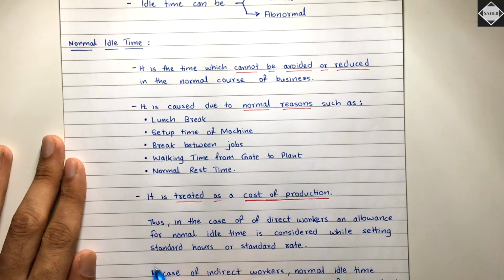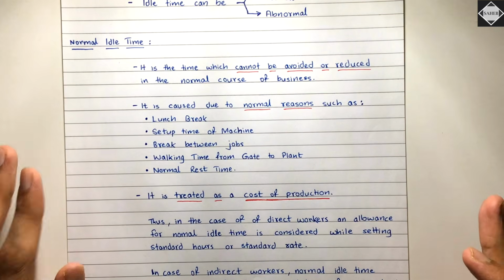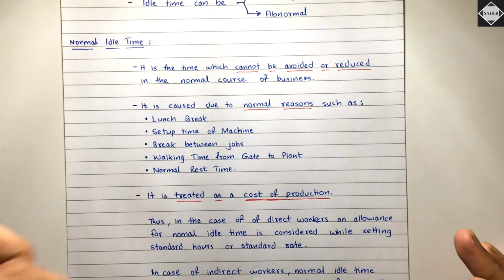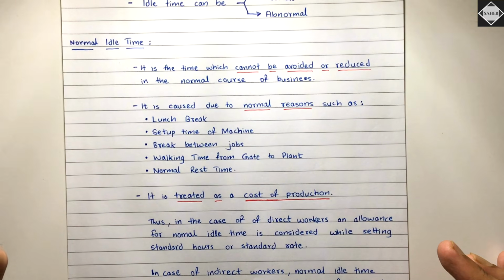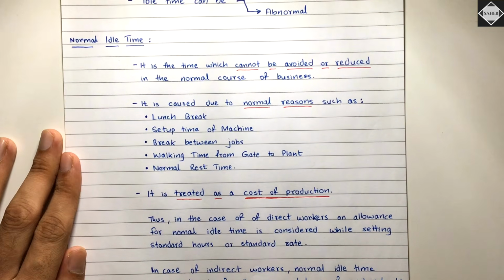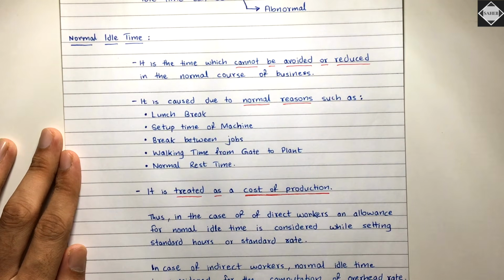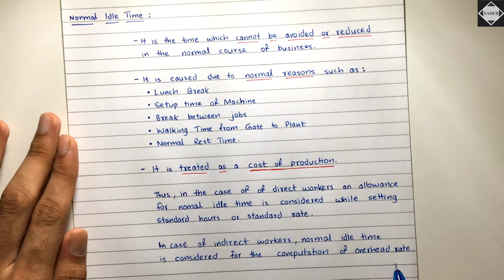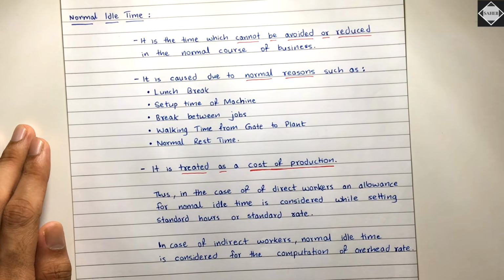Is that clear? And the standard hours also, when we set the standard time allowed for the workers, at that time we consider there will be normal idle time. Is that clear? And in the case of indirect workers, normal idle time is considered for the computation of the overhead rate. Is that clear? Yes.